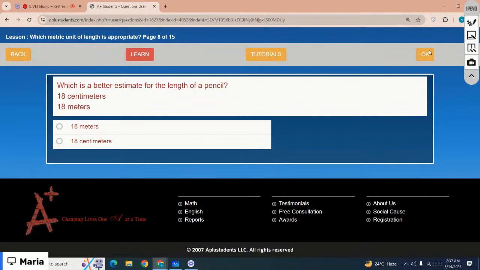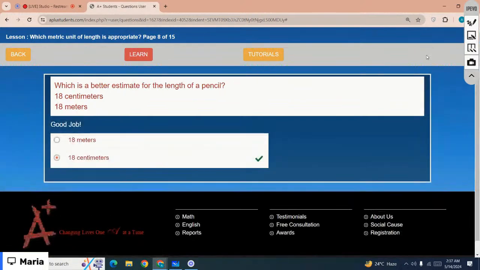Which is a better estimate for the length of a pencil, 18 meters or 18 centimeters? A pencil it is, right? So that must be 18 centimeters.